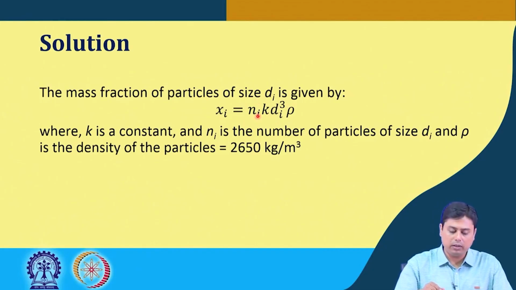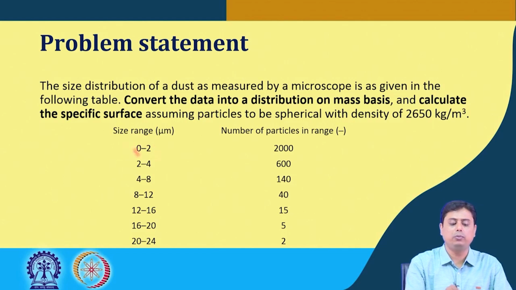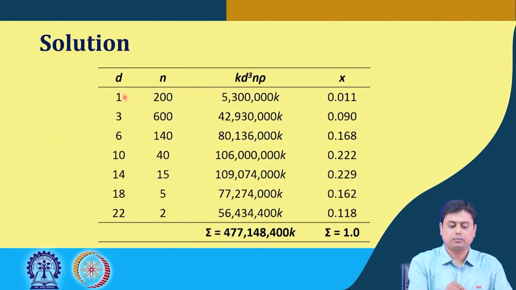Now, for this small range, what could be the d? As a simple approximation, we can take the arithmetic mean of this size range. From 0 to 2 it is 1, from 2 to 4 it is 3, from 4 to 8 it is 6. Similarly, we have our first column of this table, which is the d.